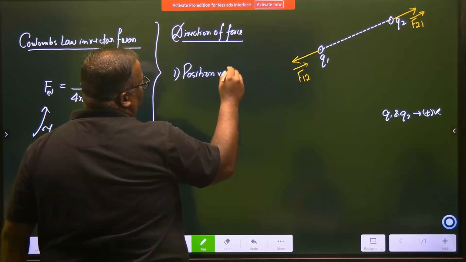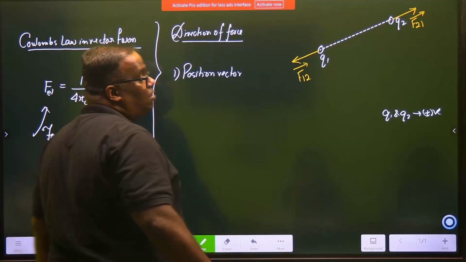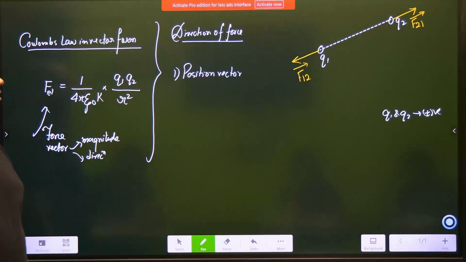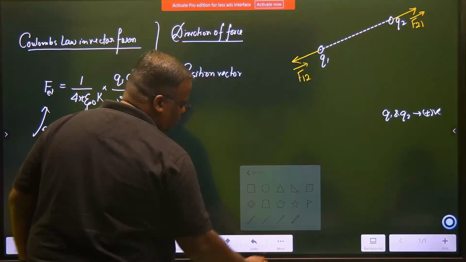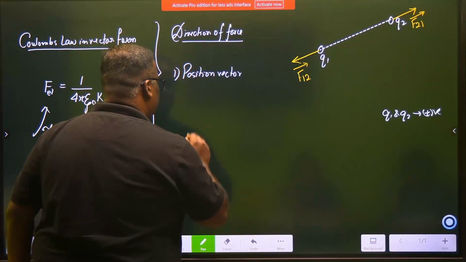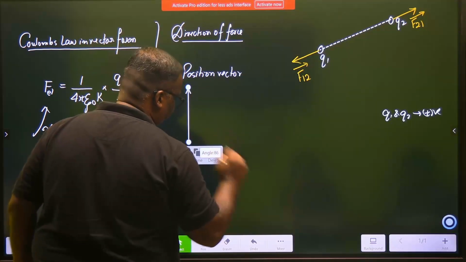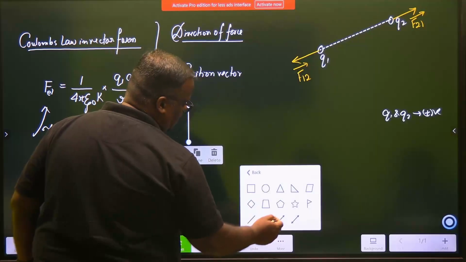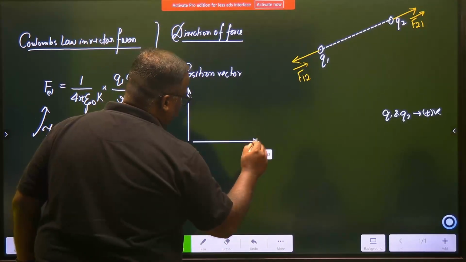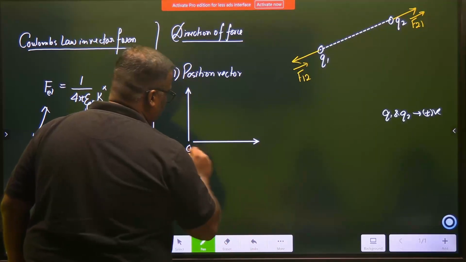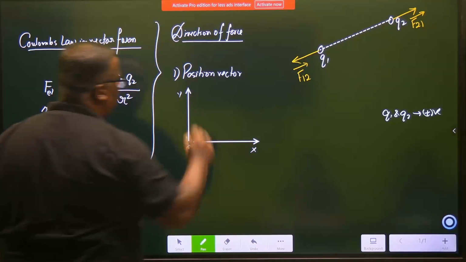Position vector. How do you define the position of an object in a quadrant? Say suppose this is my xy axis and this is my origin, right? This is my x-axis and this is my y-axis.